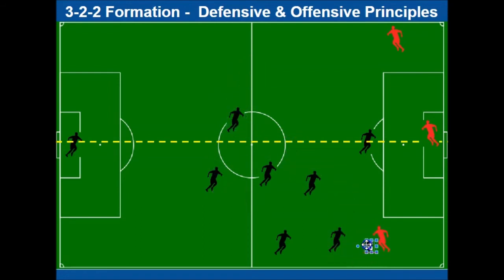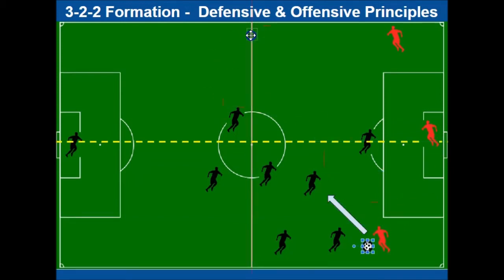So if we can try and channel that play into the middle, we make it predictable, and we can funnel the play to our support where hopefully we win the ball back. So that's what we're trying to do defensively on their goal kicks.